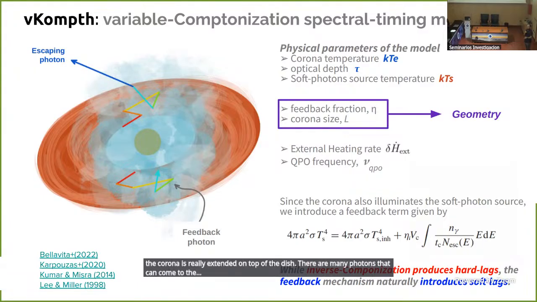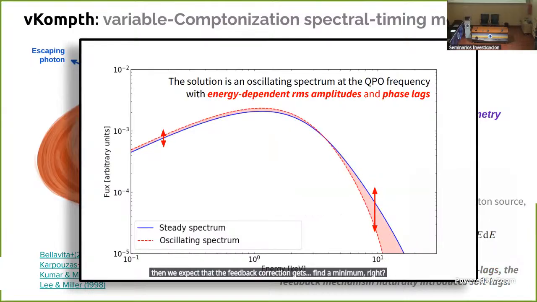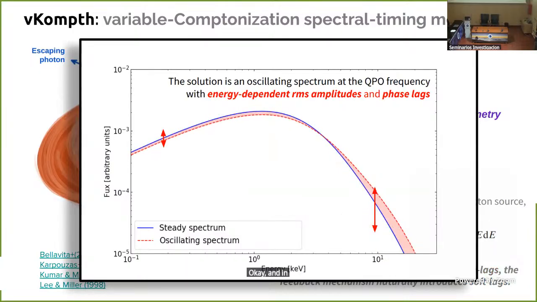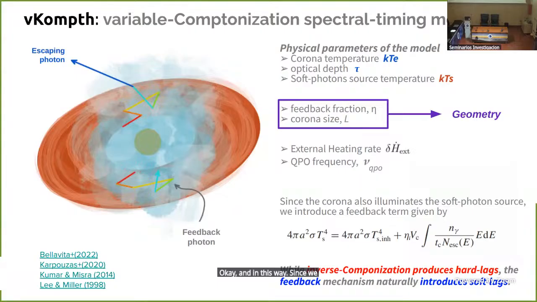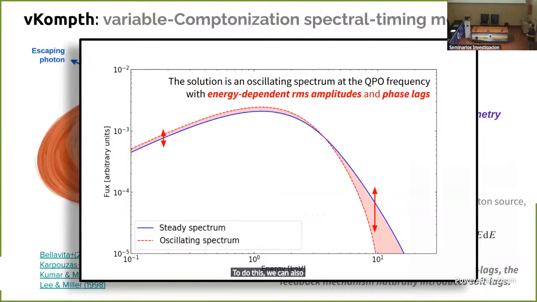While if the corona is elongated along the vertical axis, perpendicular to the accretion disk, then we expect that the feedback fraction takes a minimum value. Okay, and in this way, since we have Comptonization, we can create hard lags, and since we also have feedback to the disk, we can also create soft lags from the model.